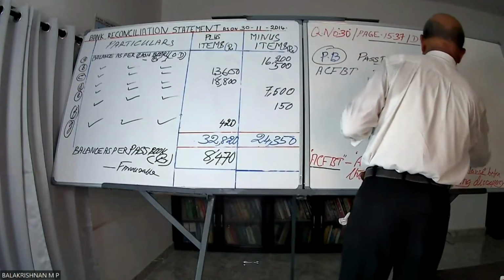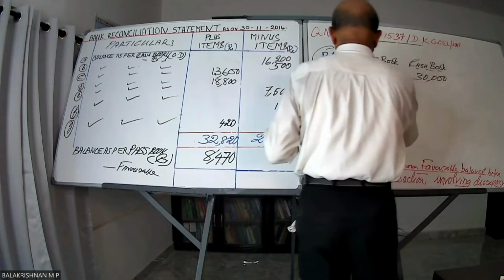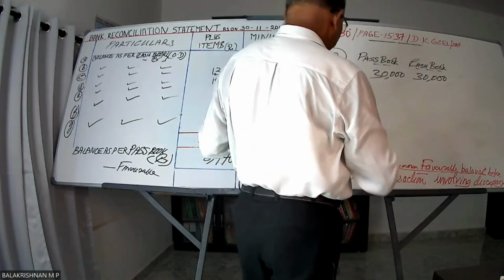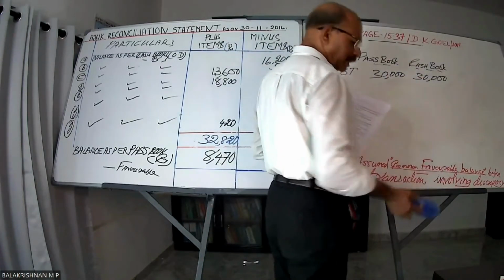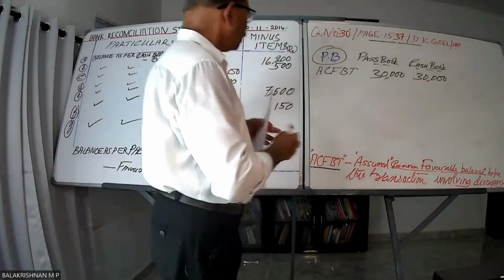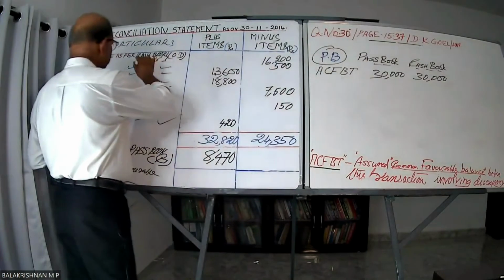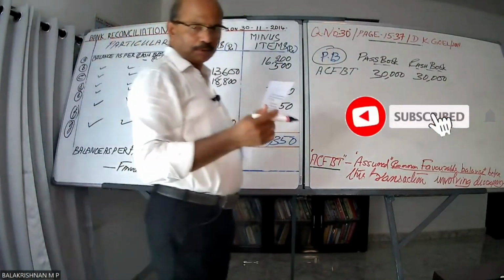Now let us take up the next case. Let this ACFBT, assumed common favorable balance before this transaction, be 30,000 each. I have taken 30,000 each. Of course, we are determining the concerned book as passbook, because you know by this time the balance as per cash book means the concerned book has to be the passbook, the other book.